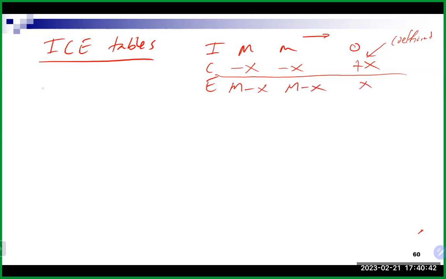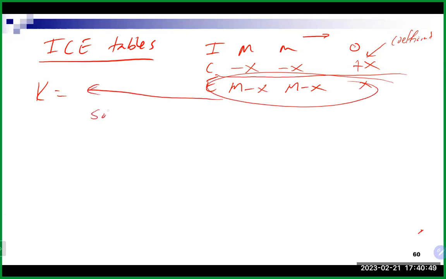And as we talked about, basically this goes into your equilibrium expression and you solve for x. Now we saw a few different ways to solve some of these problems. Again, you may have to use a quadratic formula like we did in a couple of examples.